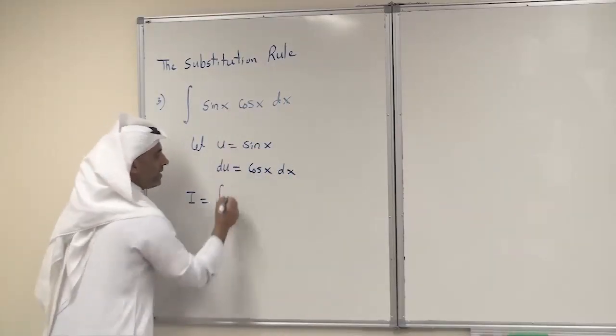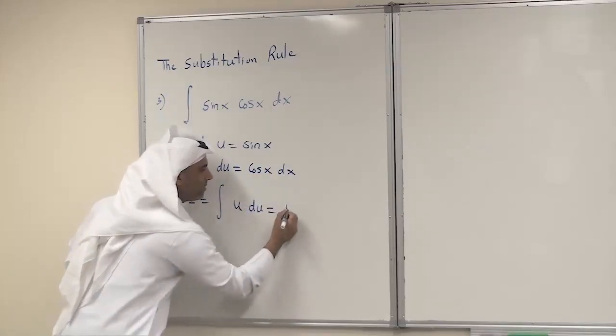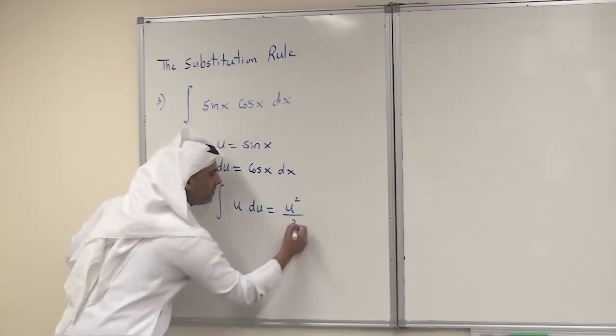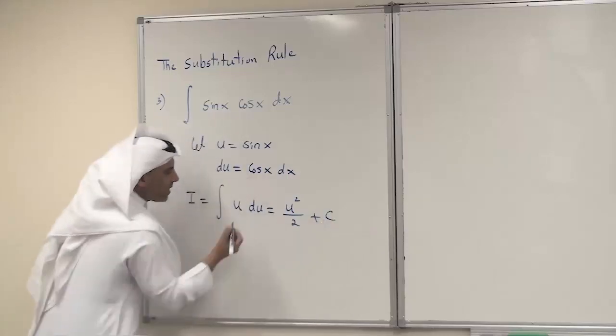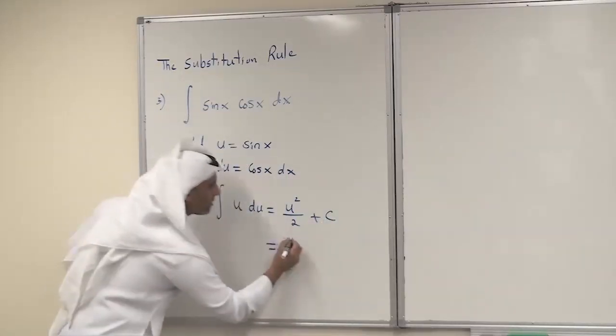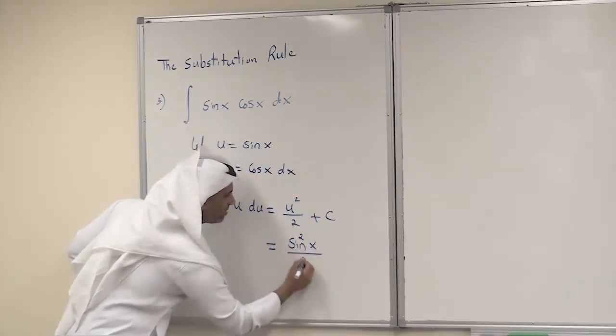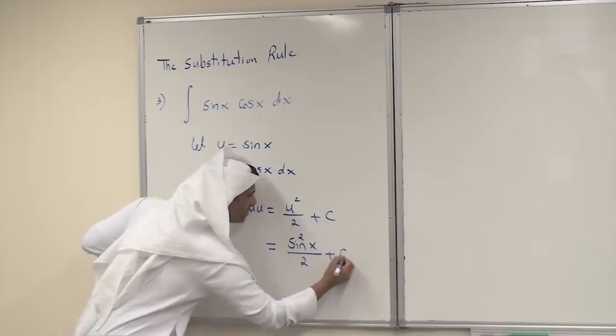So what we have here is just u du, and that is equal to u squared over 2 plus a constant of integration. What is u squared? It is sine squared of x over 2 plus a constant of integration c.